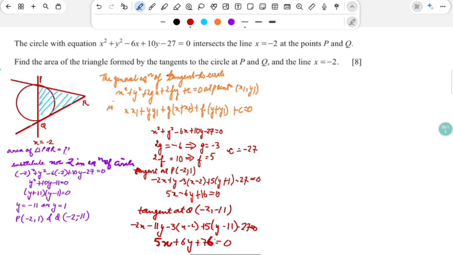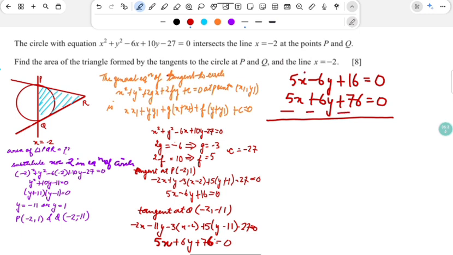Now I can find the third vertex R by finding the point of intersection of the two tangents. So now I know that the equations are 5x − 6y + 16 = 0 and 5x + 6y + 76 = 0. Now if I subtract both the equations, it will be −12y − 60 = 0. From here I'll get y = −5.